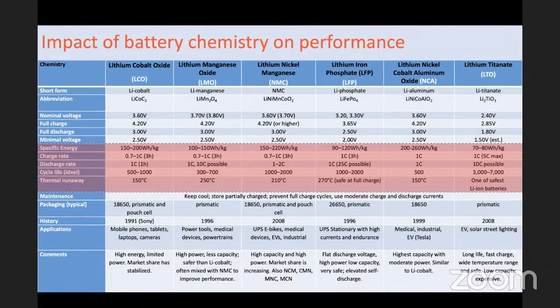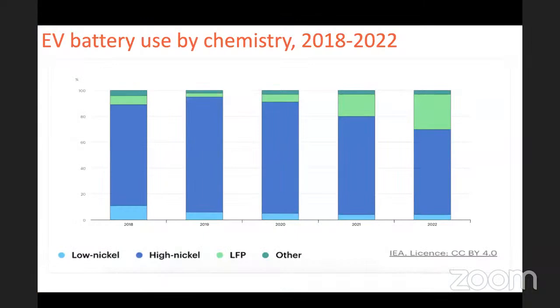If you compare that, we know that NMC and LFPs are the major or significant ones among these chemistries, and predominantly used in the EV sector. So we will come to which type of battery chemistries were used within the last few years.